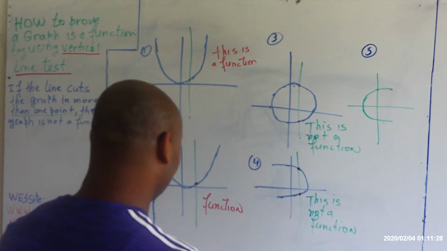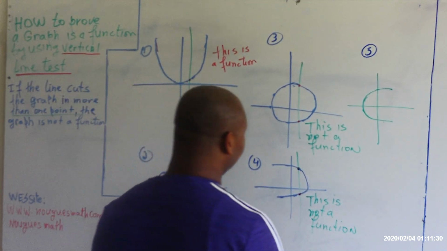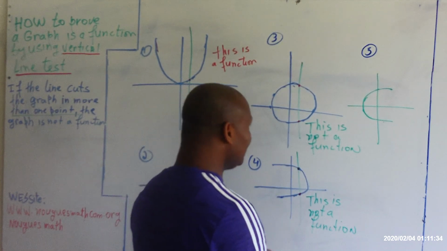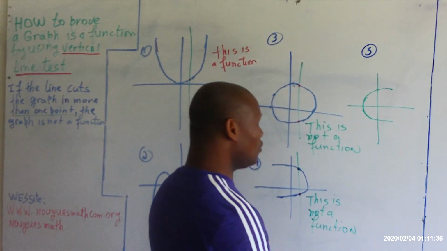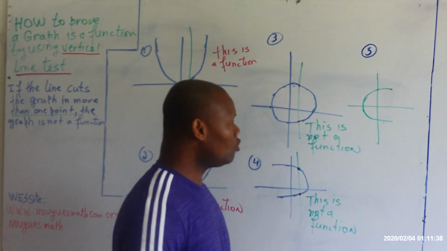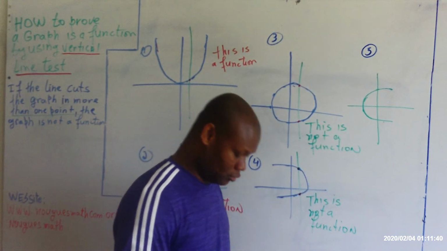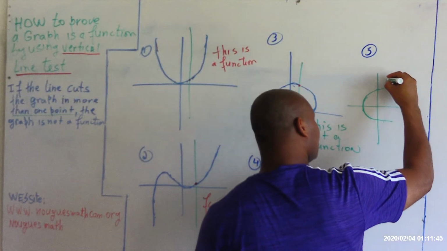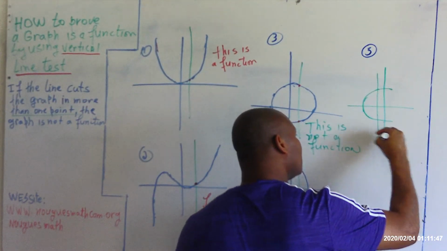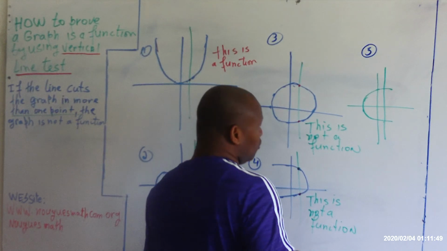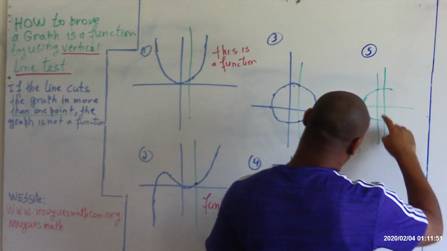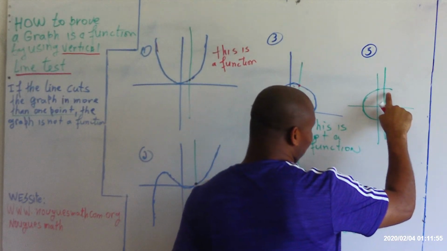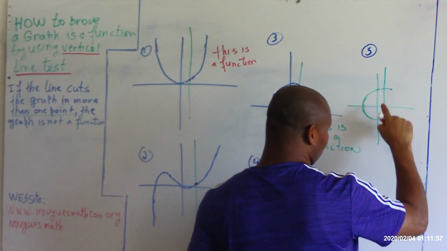The last one, we're going to use a vertical line test to show if this graph is a function. When I look at the vertical line test, I see the graph is cut 2 times.